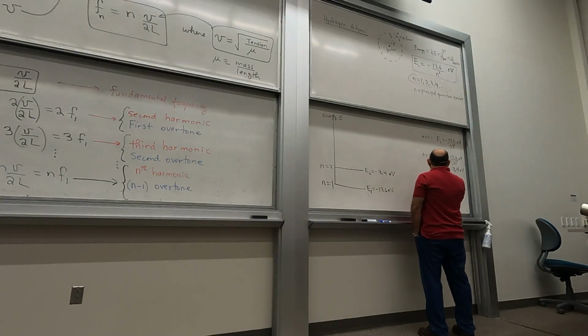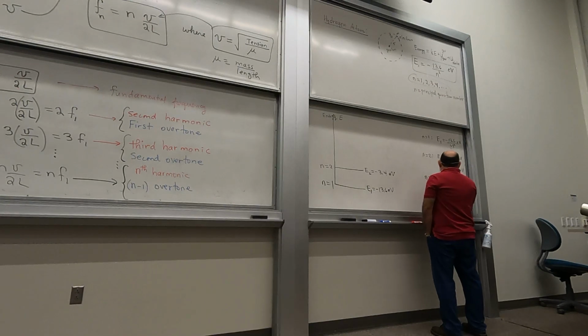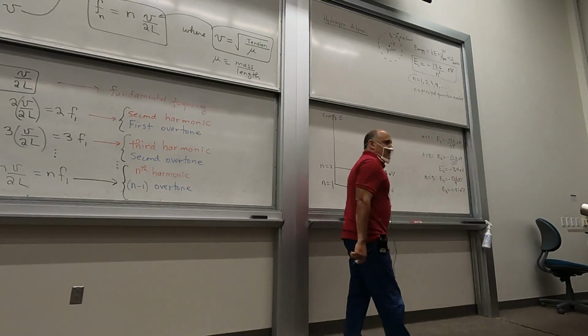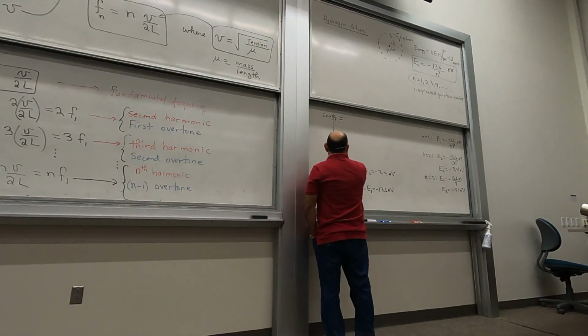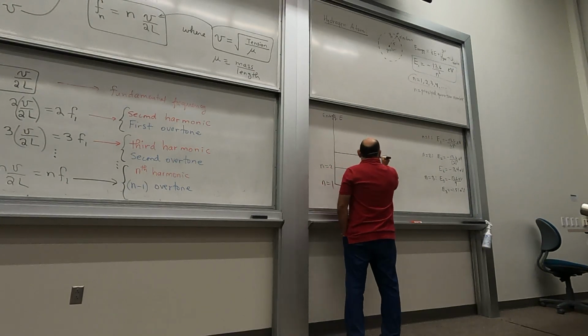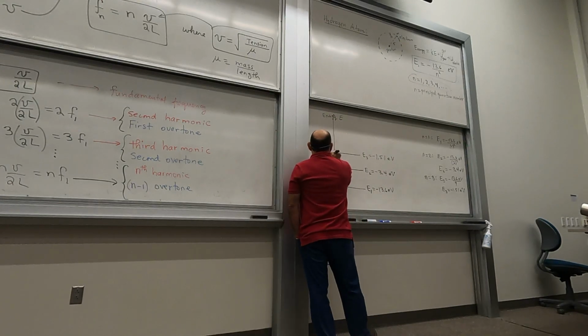And if n is equal to 3, then E3 will be minus 13.6 electron volts divided by 3 squared, divided by 9. And somehow minus 1.51 rings a bell in my brain. So double check me again, please, and correct me if I'm wrong. So this is E3, it somehow looks good, but I could be wrong.